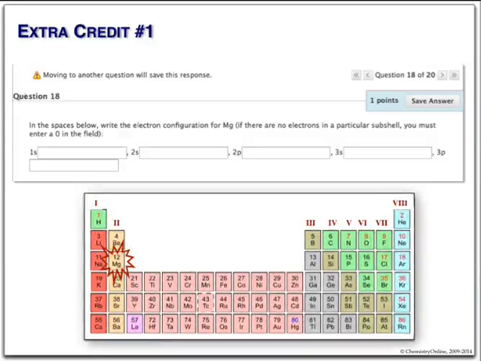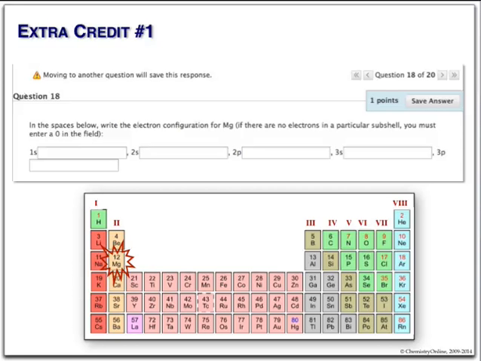It's in the third period, which means the first period is full, the second period is full, and we put 2 electrons into our third period. This is going to go in the 3s first, these are the 3p's, but there won't be anything in there. You must enter a 0 if there are no electrons in a given shell, okay?